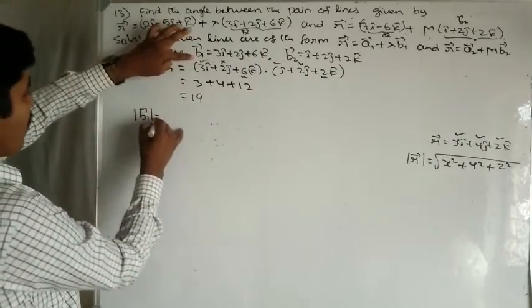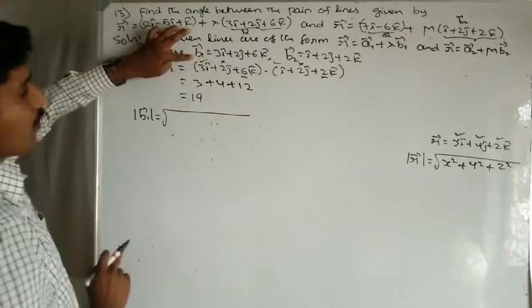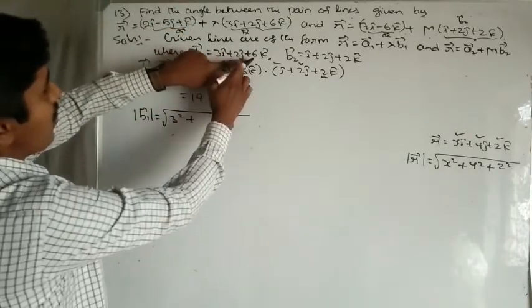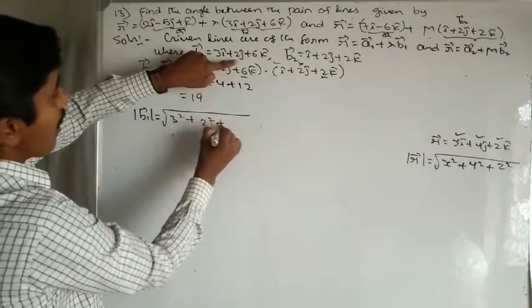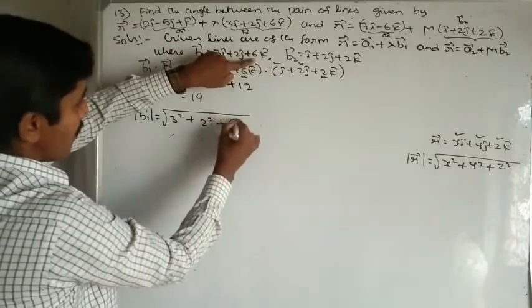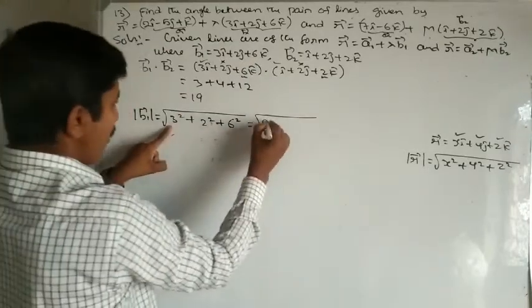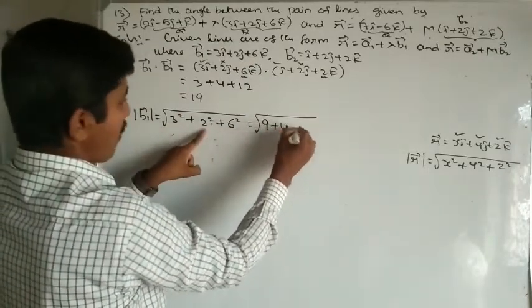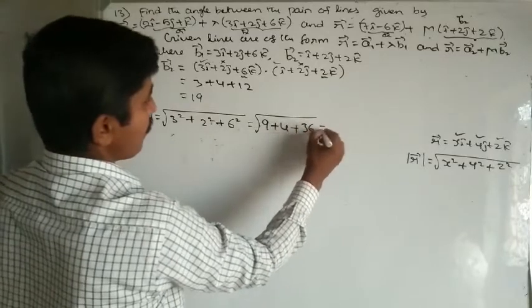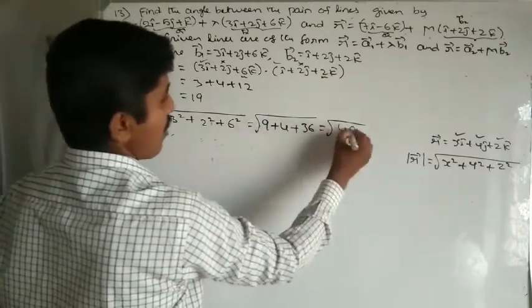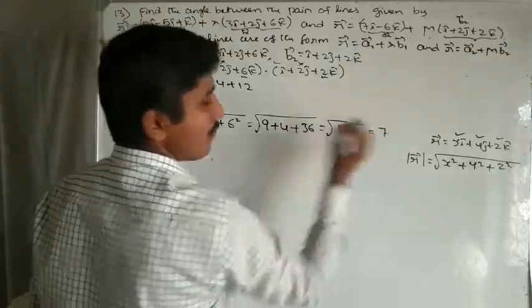Here I am going to find the magnitude of vector b1 and the magnitude of vector b2. Magnitude of vector b1 equals the square root of 3 squared plus 2 squared plus 6 squared, which is root of 9 plus 4 plus 36. 36 plus 4 is 40, plus 9 is 49. The square root of 49 is 7.